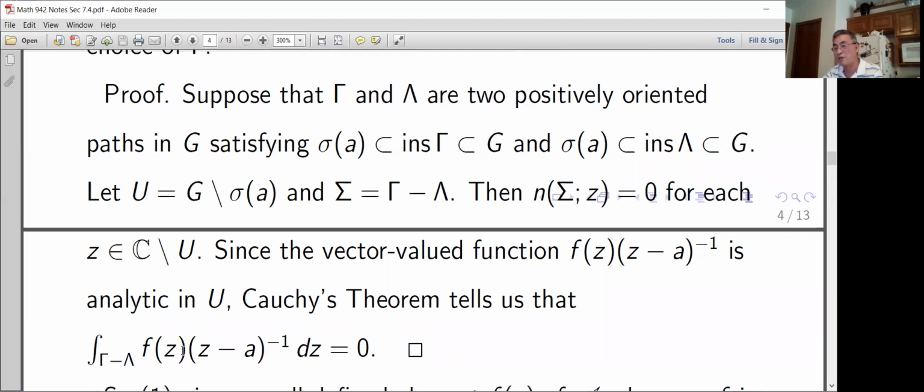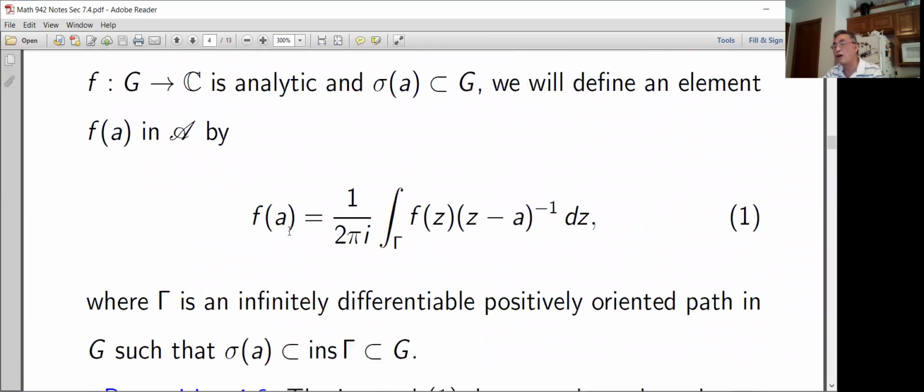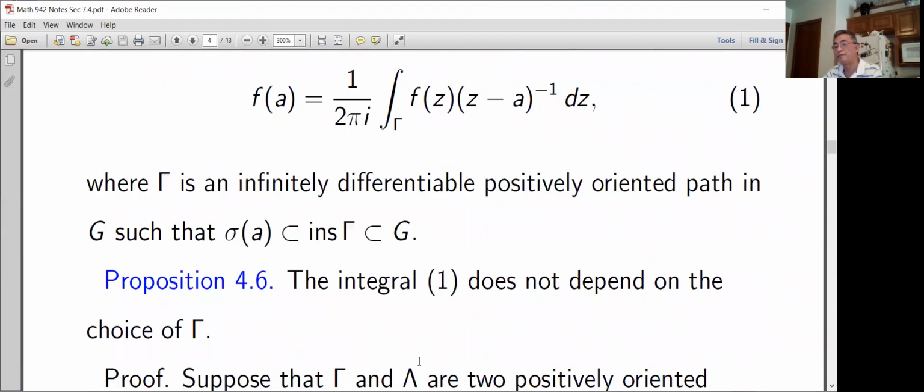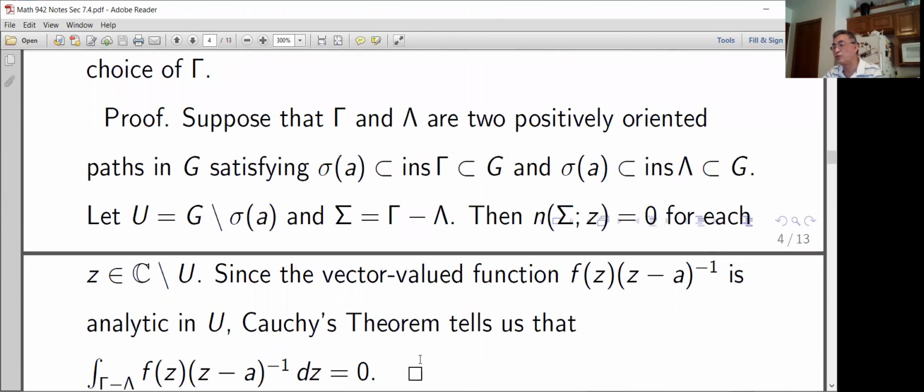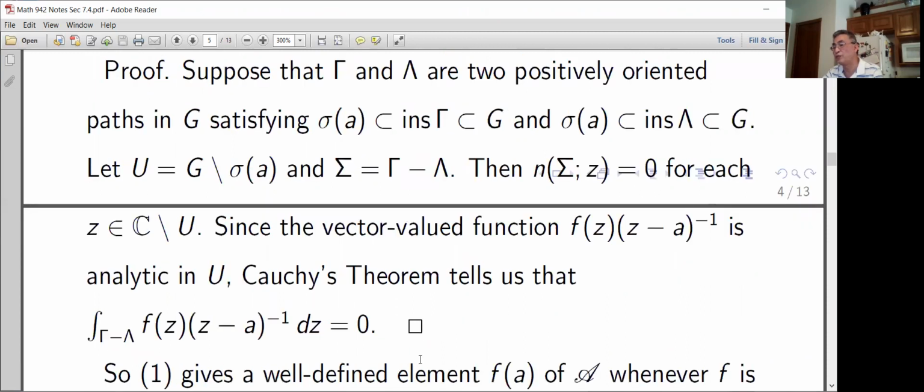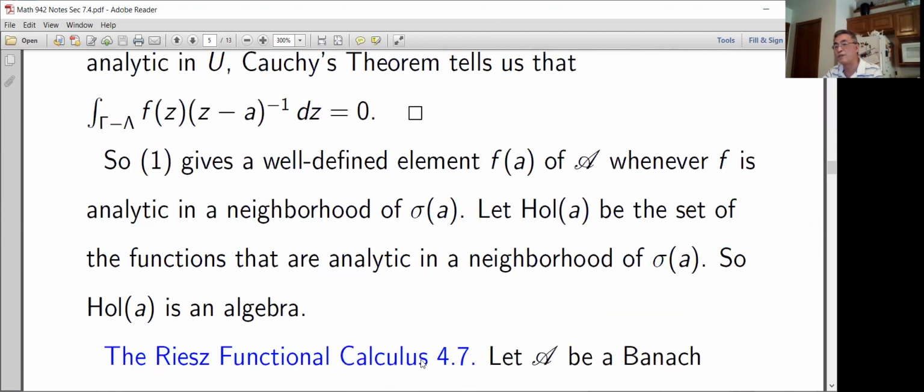That means the integral over gamma equals the integral over lambda. So the integral is independent of the choice of gamma, and this f of A is well defined. We have finished the proof of this proposition.